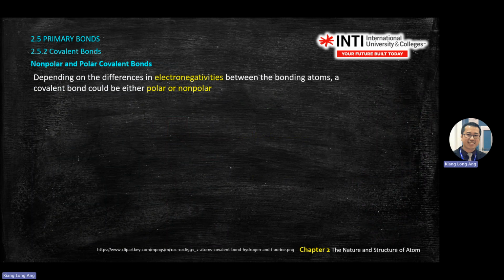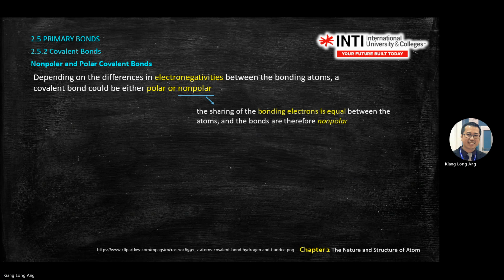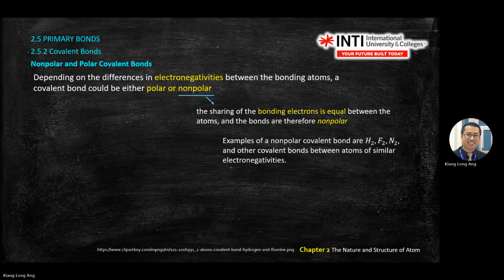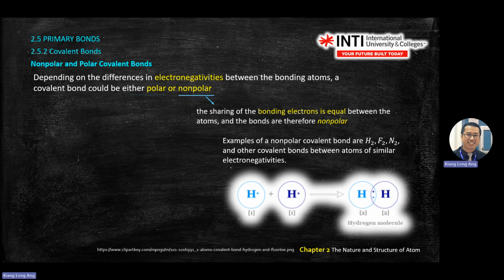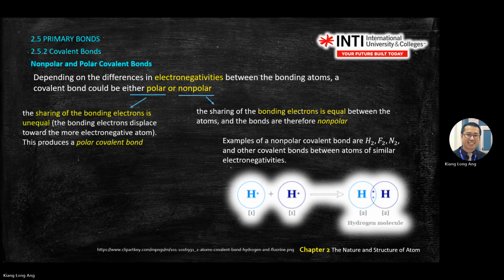Okay, the next one is polar and non-polar. If the bonding electrons are shared equally, then it becomes non-polar. Example, hydrogen, F2, nitrogen, they share the same number of electrons. They are non-polar. Okay. Polar is when the sharing is unequal. So this one is called polar covalent bonding. For example, hydrogen is called non-polar covalent bonding.